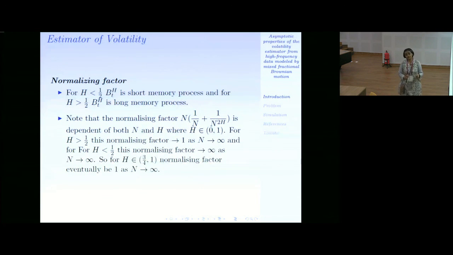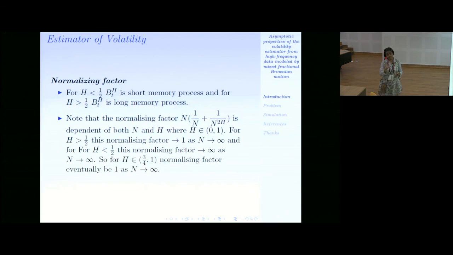Now people are usually interested in long memory processes, not short memory processes, because Cheridito's result says that for H greater than 3/4 it is equivalent to Brownian motion. So people mostly use mixed fractional Brownian motion in this regime of H, basically the H greater than half regime, where the normalizing factor converges to 1.